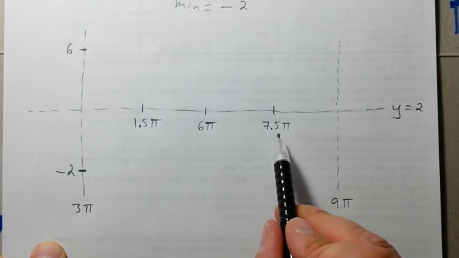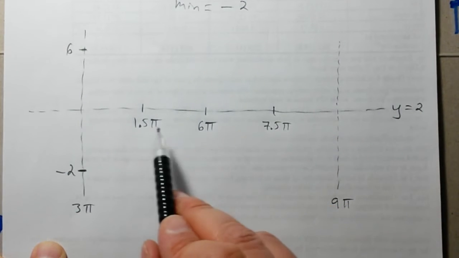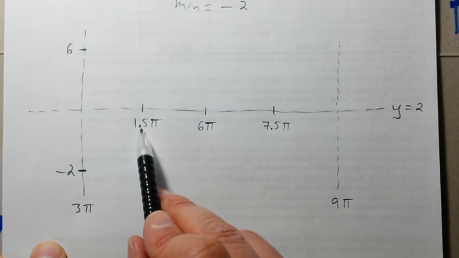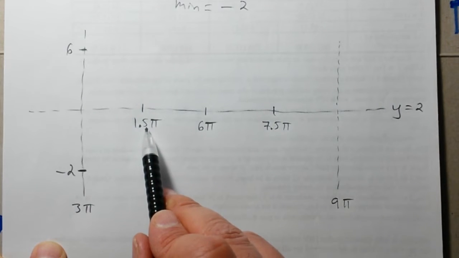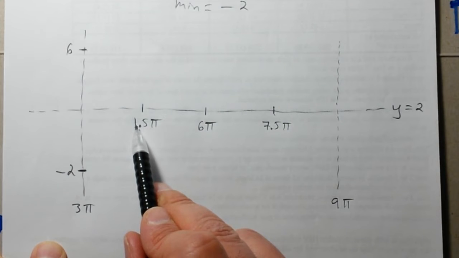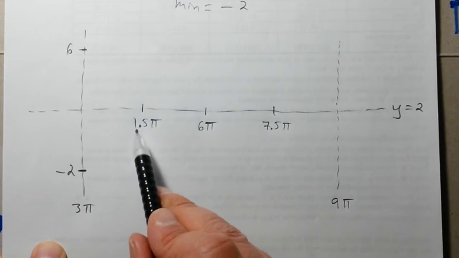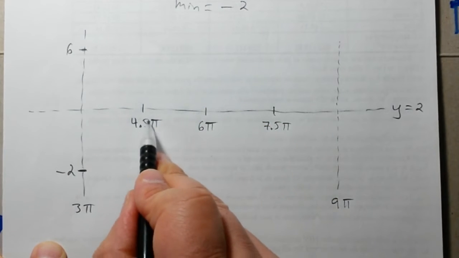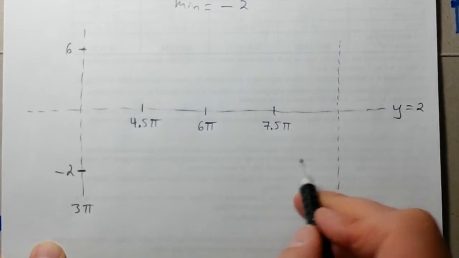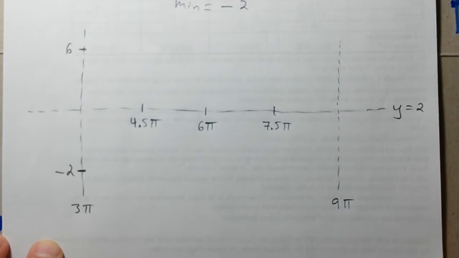Of course, you could also write this as 15 pi over 2. And this would be as 3 pi over 2. And no, I messed up here. This is not 1.5. 3 pi plus 1.5, that gives us 4.5. There you go. Sorry. So now you can rewrite this as 9 pi over 2. Okay. All right. And now I think we've got pretty much everything.